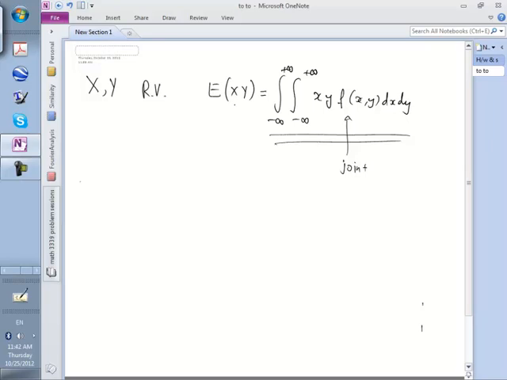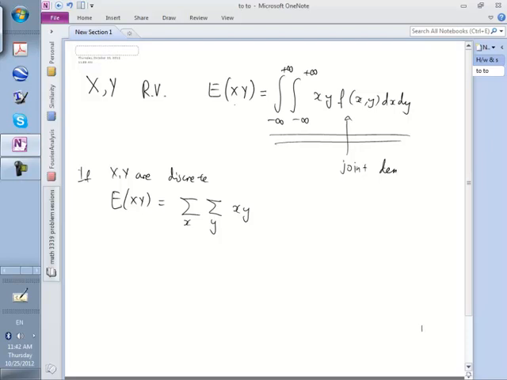Now, if X and Y are discrete, of course, things are simpler because the same thing does not require the integral notation, but it requires a double sum. So you put the values of X, you put the values of Y here, you would sum X times Y times, again, the joint PMF.